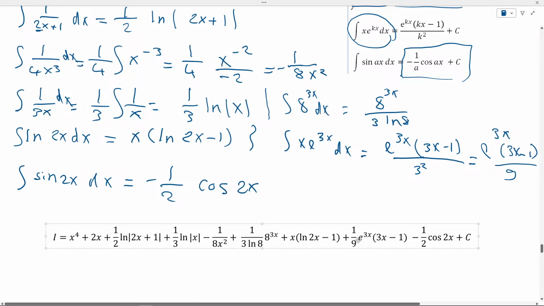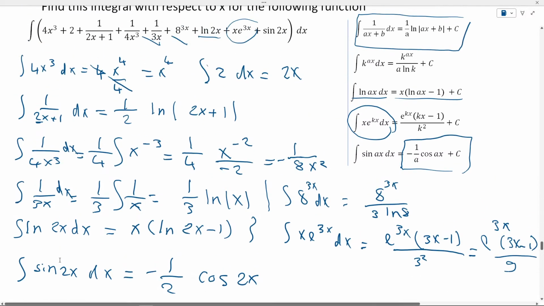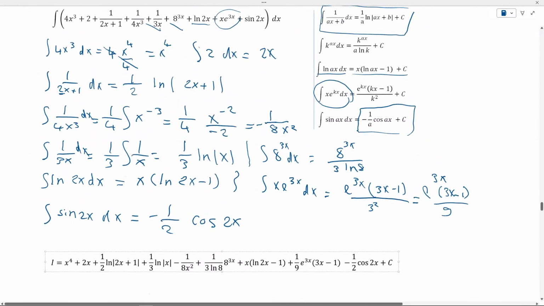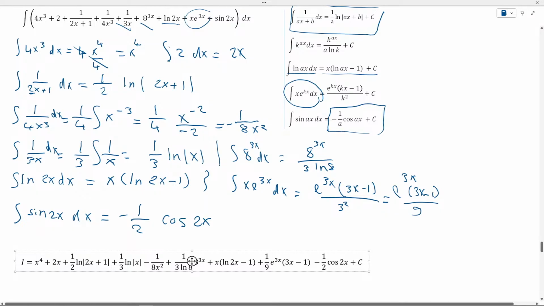Let's see what we did correct and what was not correct. So we got this one, we got this one, we got this one here. 1 over 3 ln x, where is this one?